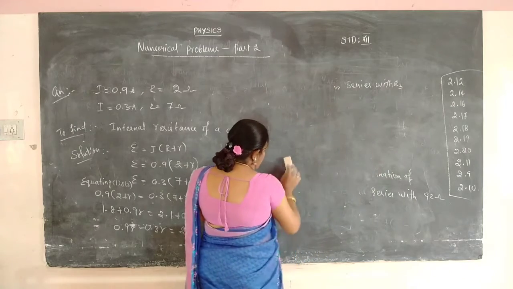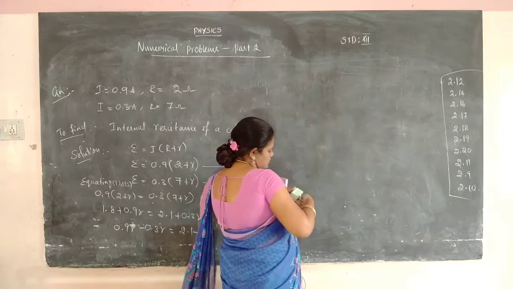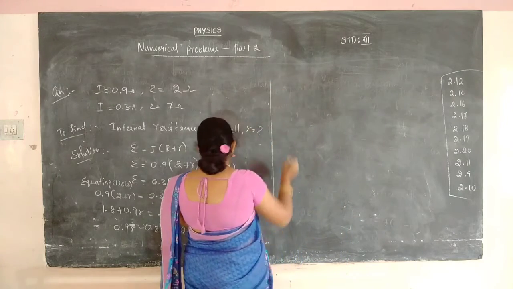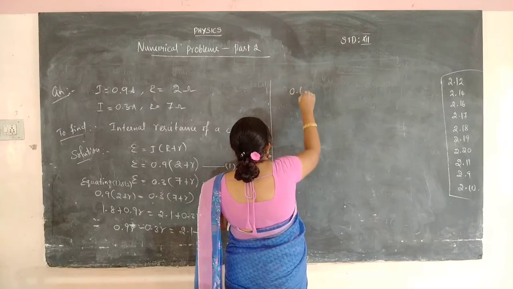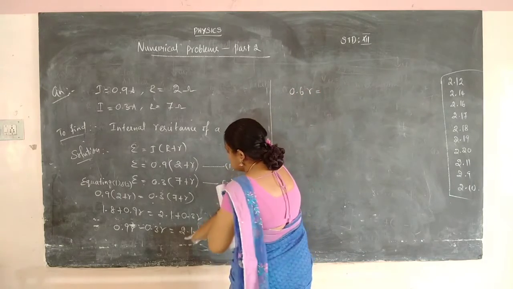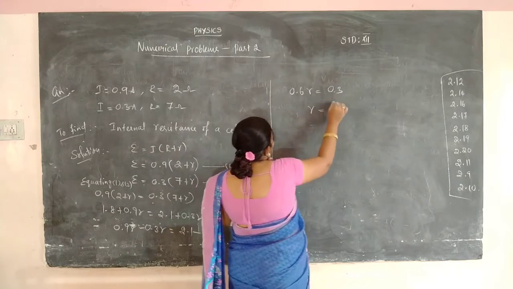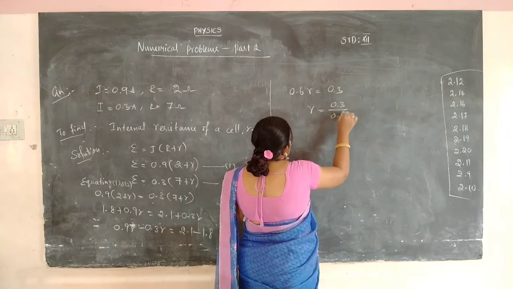Now 0.9 minus 0.3 is 0.6, so 0.6 r is equal to 2.1 minus 1.8, that is 0.3. We want r, so r is 0.3 by 0.6.